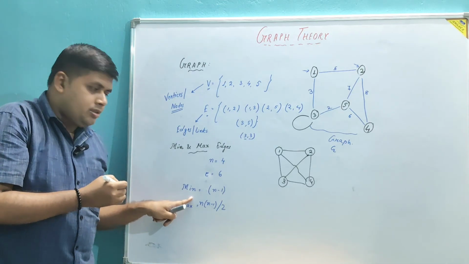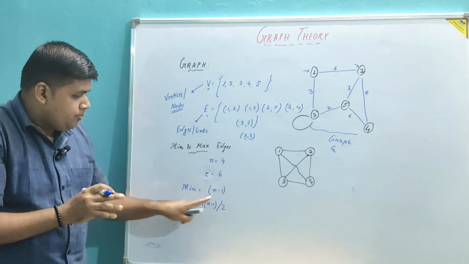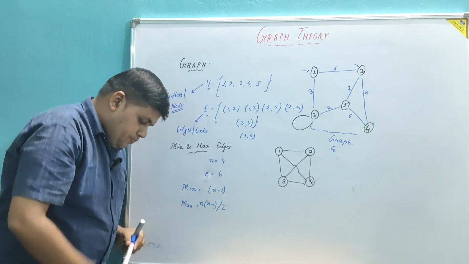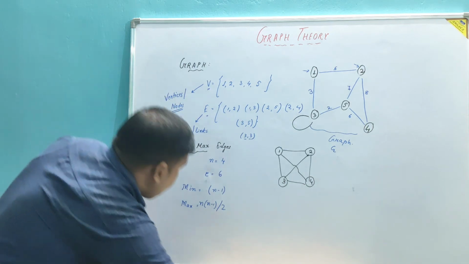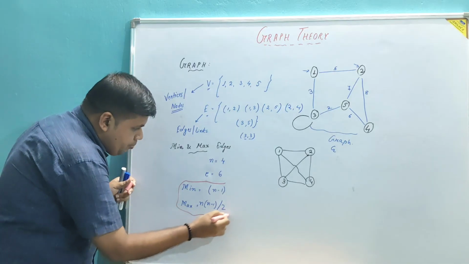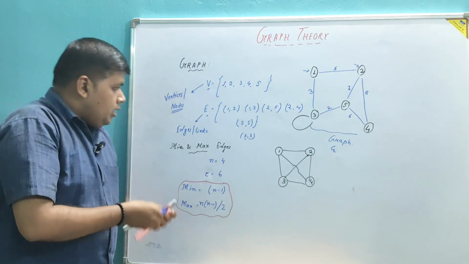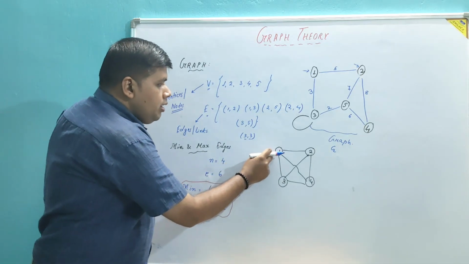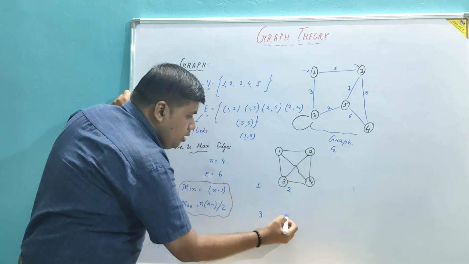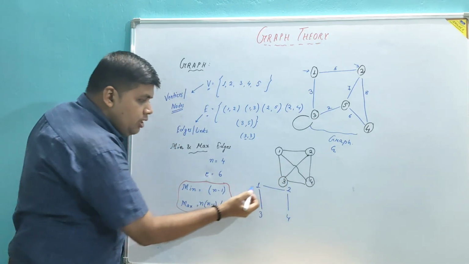So the minimum number of edges, so that all the vertices remain connected, is n minus 1, and the maximum is n into n minus 1 by 2. So how is this computed? Let's take the example from this only. If we have to connect all the vertices 1, 2, 3, 4, how many edges are required? 3 edges.